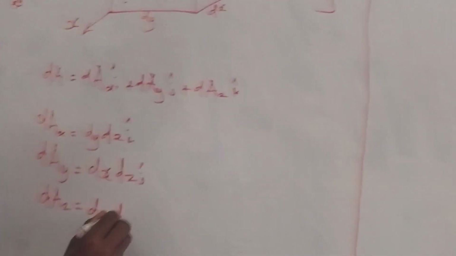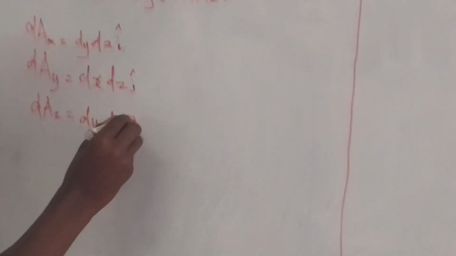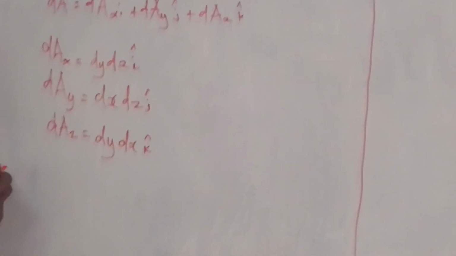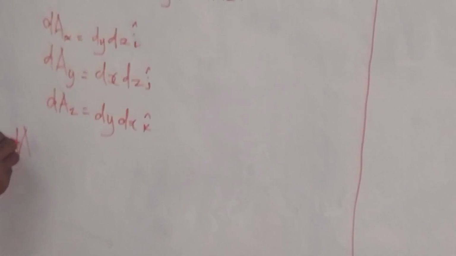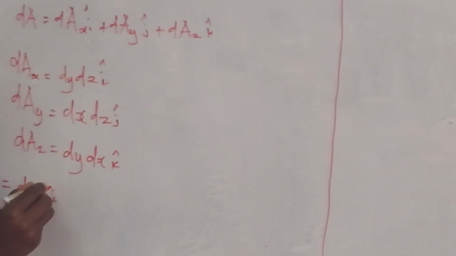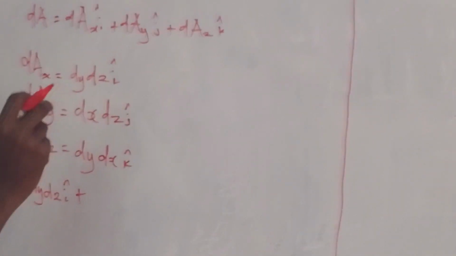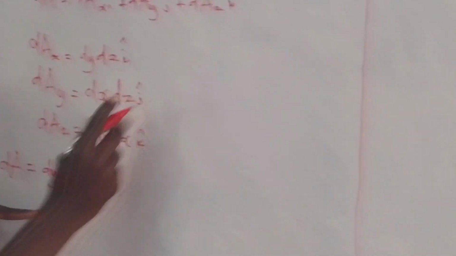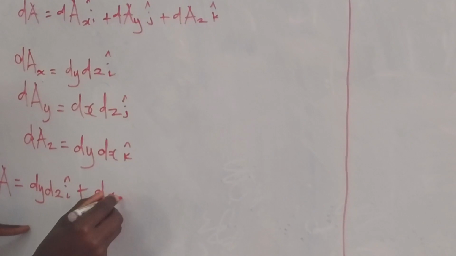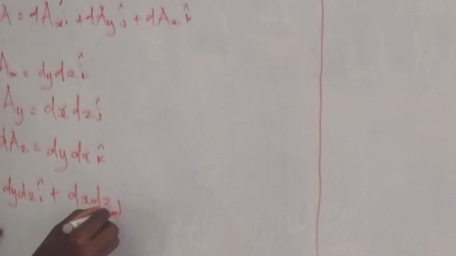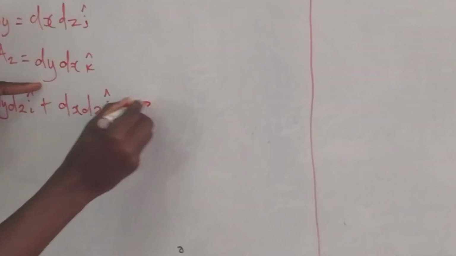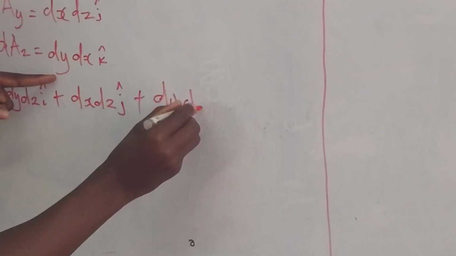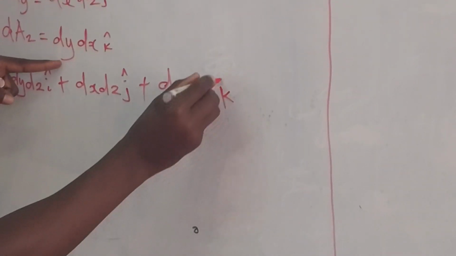Meaning the area element is dy dz in the i direction plus dx dz in the j direction plus dx dy in the k direction.